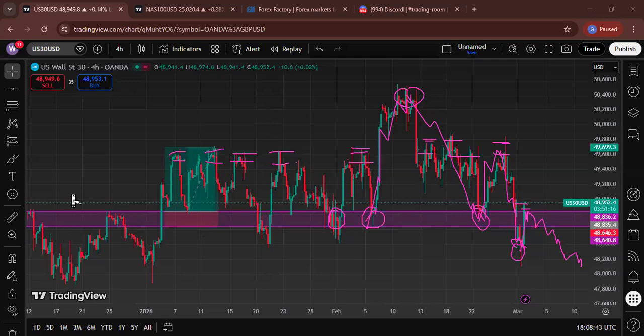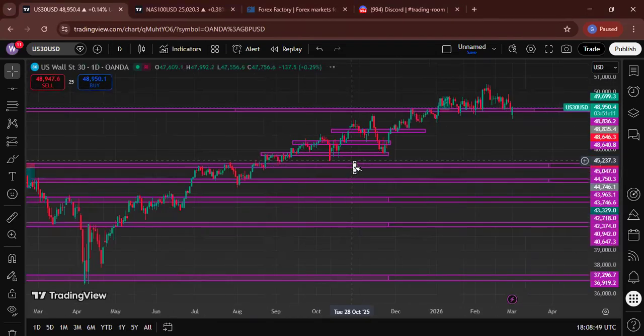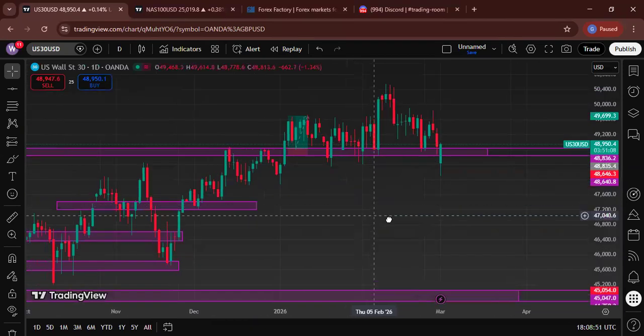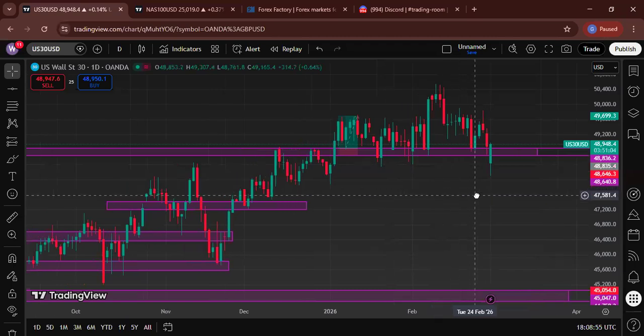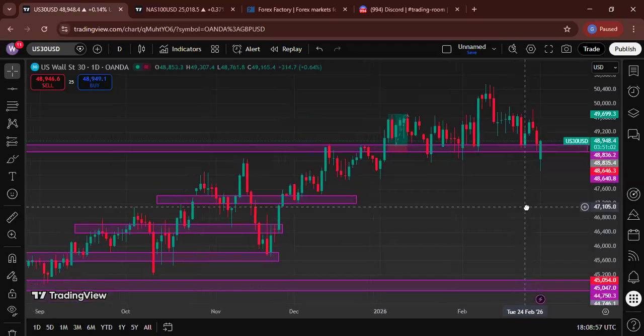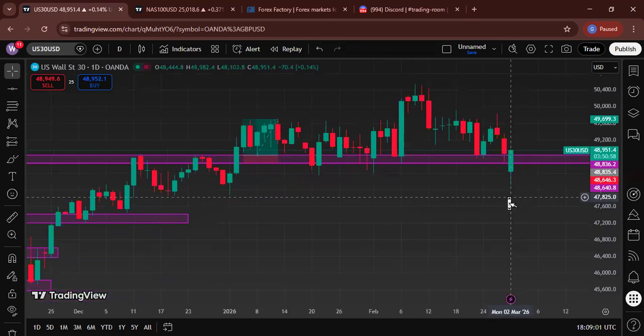And if we check out the daily, this is what you have. On the daily, this looks more like price looking for the most discounted price before a potential bullish reversal, because it's the same thing that happened here, the same thing that you're seeing happen here.